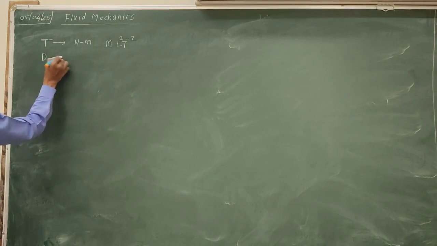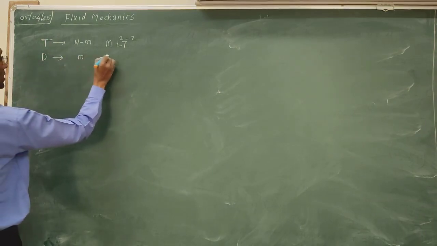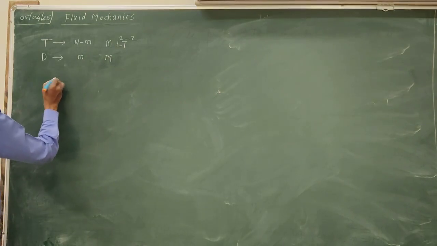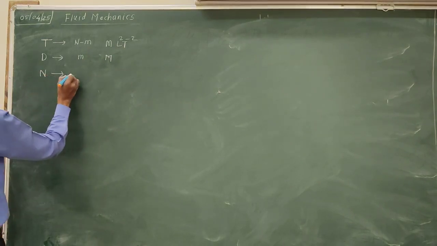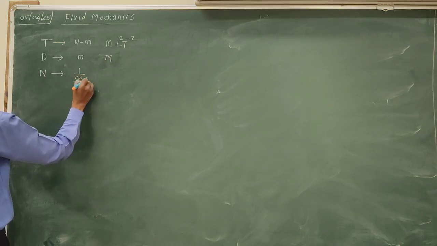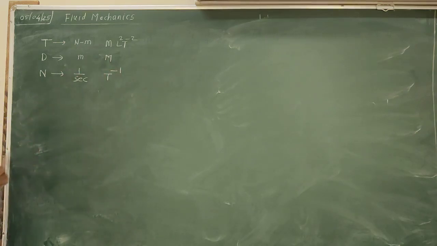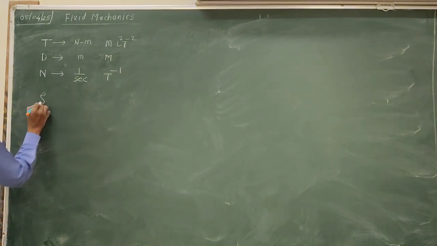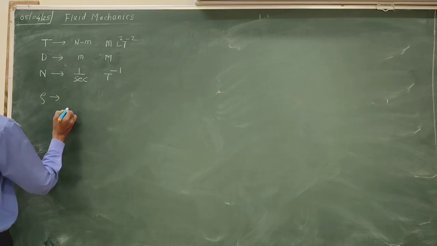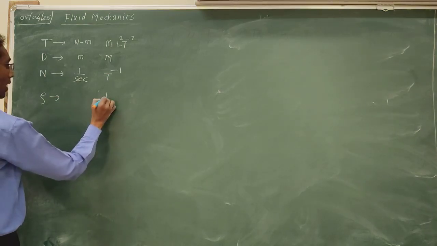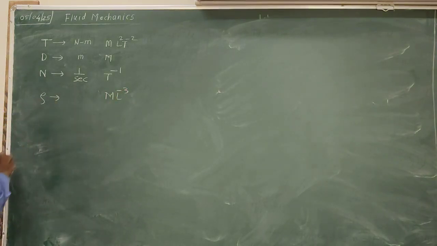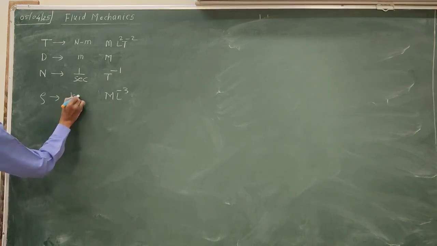Then diameter. Diameter means meter, so its form will be L. Next is speed. Speed is per second, and per second means T raised to minus 1. Density rho, its form we have taken, that is M L raised to minus 3, kg per meter cube.